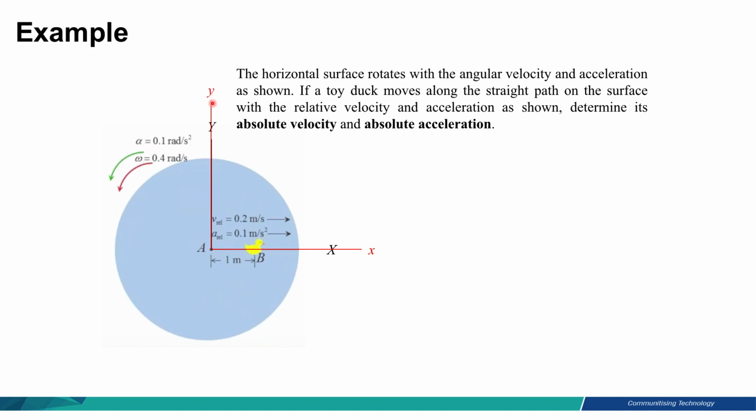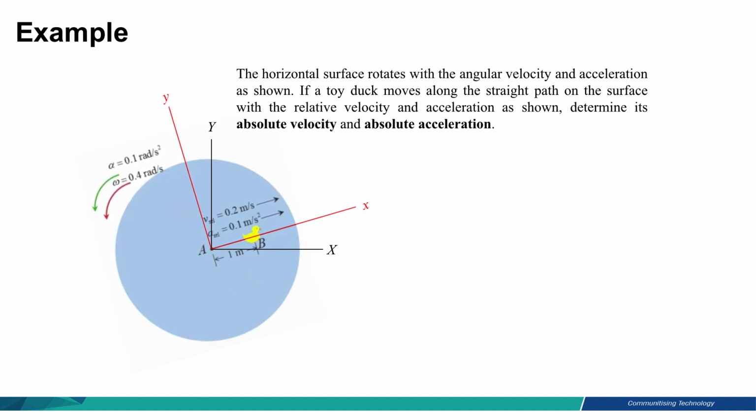This means that the red axis is the rotating axis. So throughout the motion, if you imagine that you are standing on point A, observing the motion of the toy duck as the surface rotates, you can see that the toy duck is moving away from you because the toy duck is traveling in this direction and also at the same time rotating. So this is a very good example of a rotating axis case.